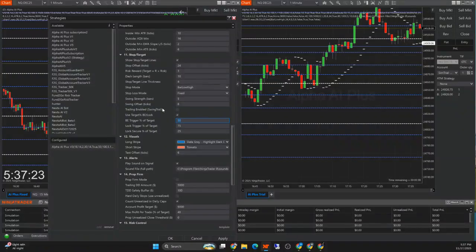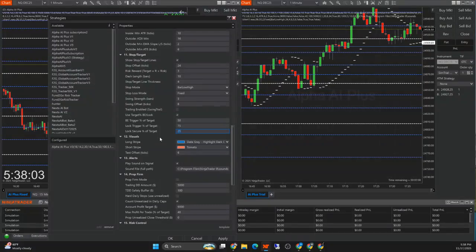Also, you can lock a percentage of the target, the lock secure percent of the target, which means if the market moves, let's say in this case 75% in your favor, what I mean is once it reaches 75% in your favor, your stop loss, instead of being break even, is going to be 25% already secured, locked profit.